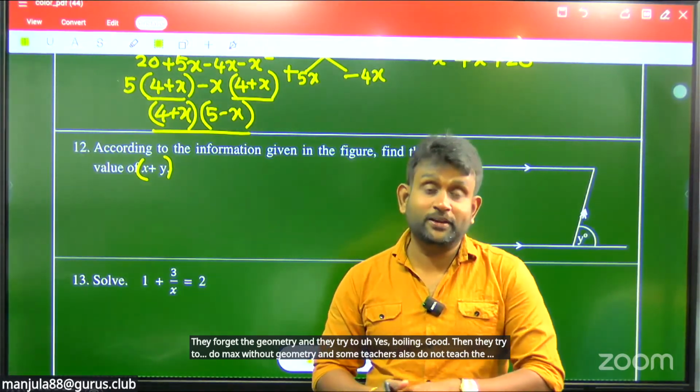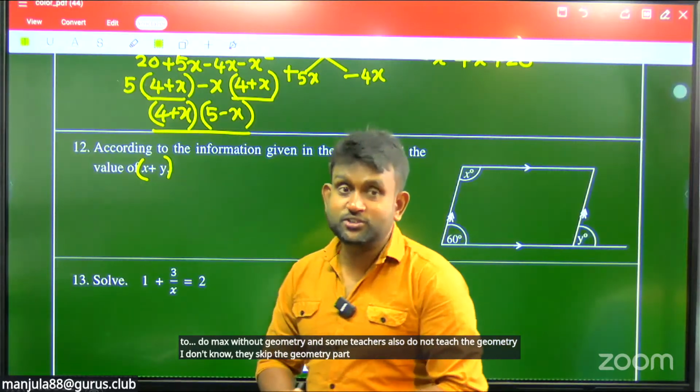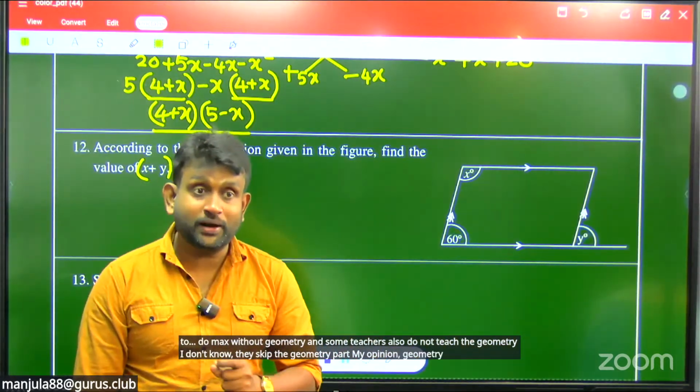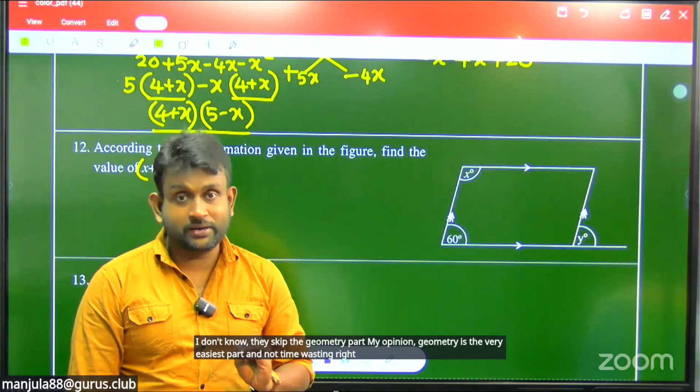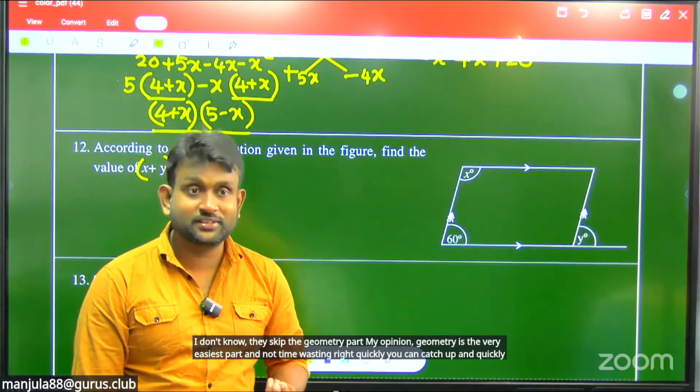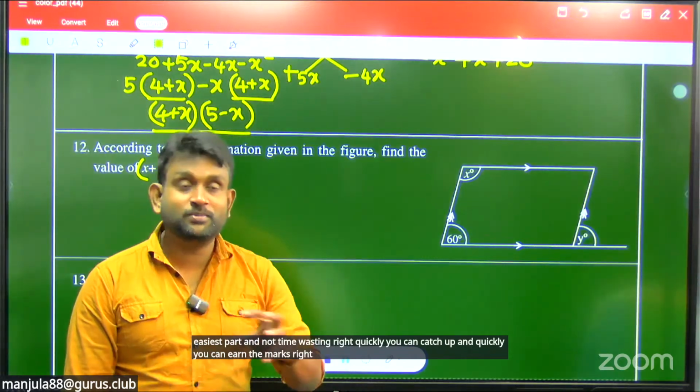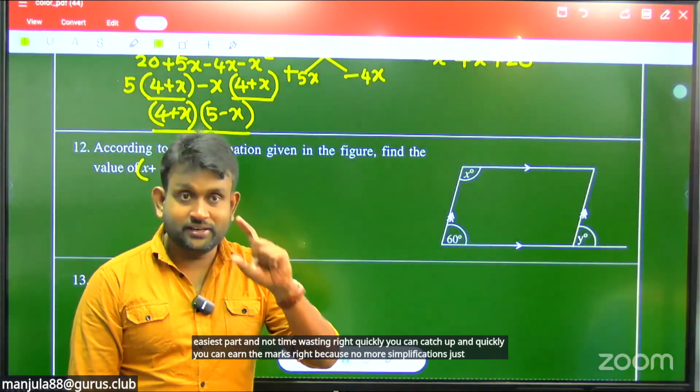They skip the geometry part, but in my opinion, geometry is the very easiest part and not time wasting, right? Quickly you can catch up and quickly you can earn the marks, because there are no more simplifications, just a mind game.